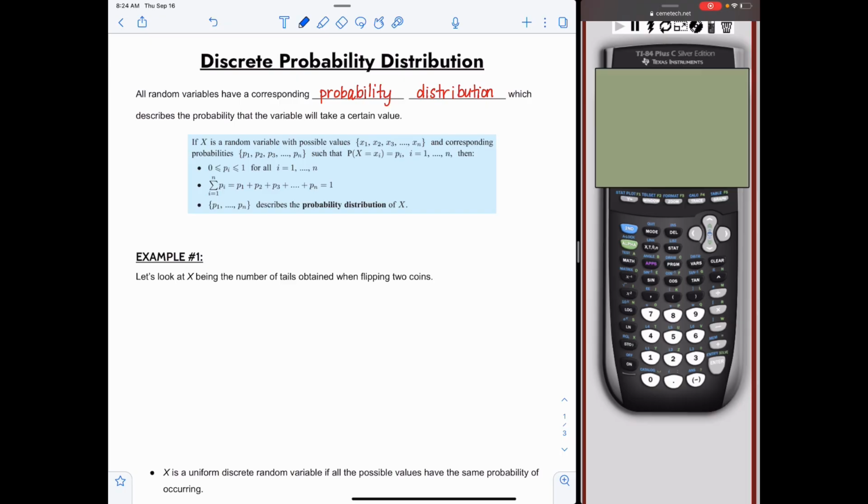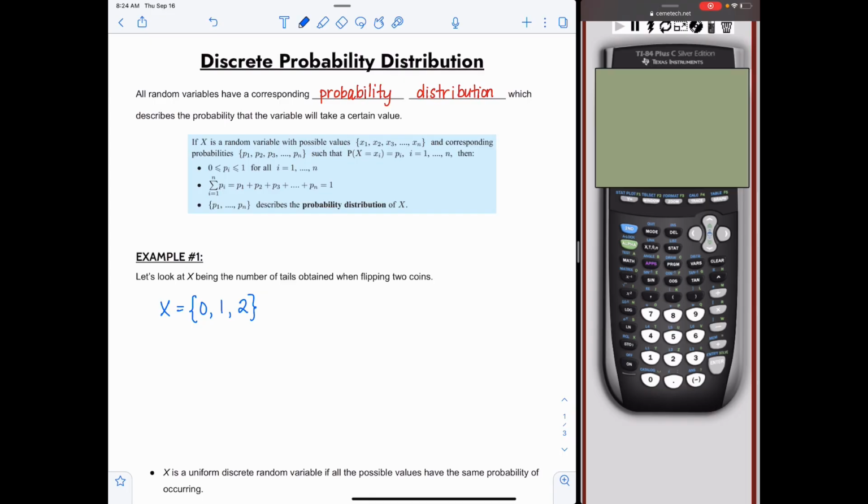So x can take on the values of no tails being flipped, 1 tail being flipped, or you can get 2 tails when you flip both of the coins. So these are the possible values, okay? So 0, 1, and 2 are the possible values that x could take on if I flip the coins, as far as the number of tails that I can get.